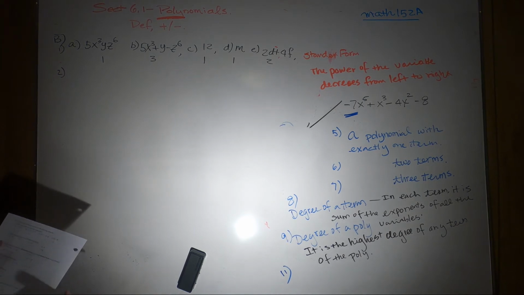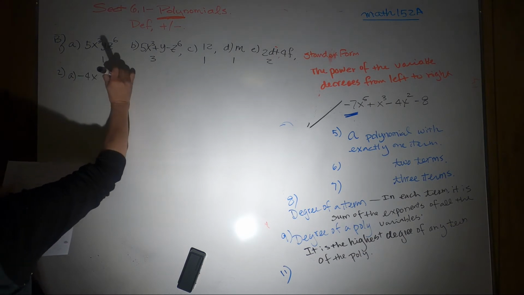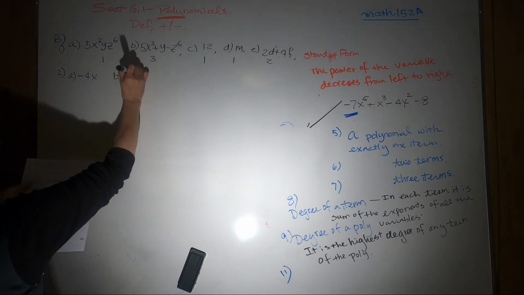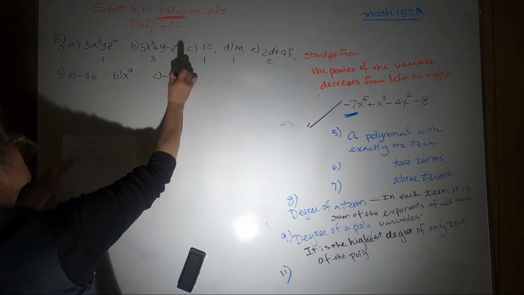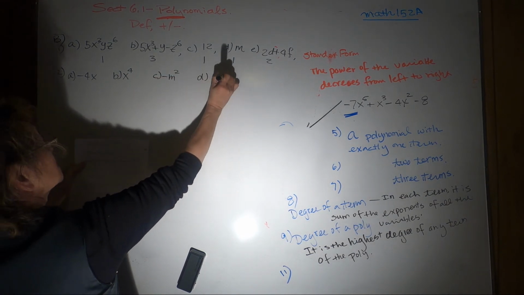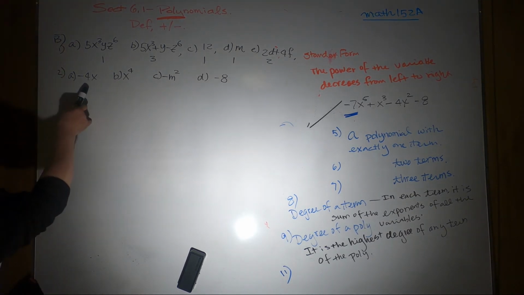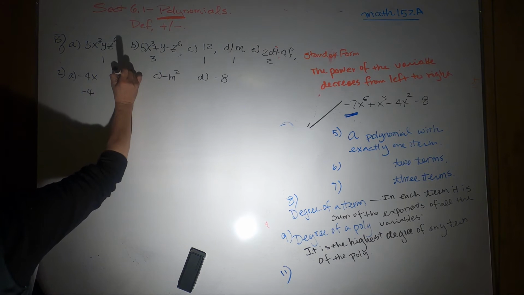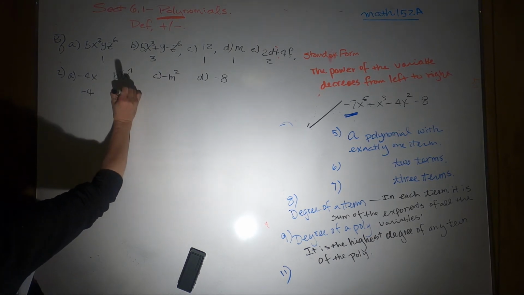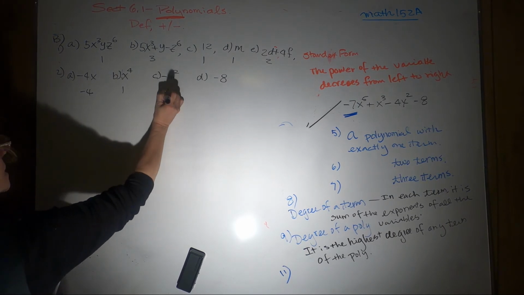Then, next one, we want to find out the coefficient for each thing, okay? So we have c is -m squared, d is -8. So this coefficient is what? The number before the x, -4. This one, you don't have anything, means the invisible 1. This one, negative m squared, would be -1.